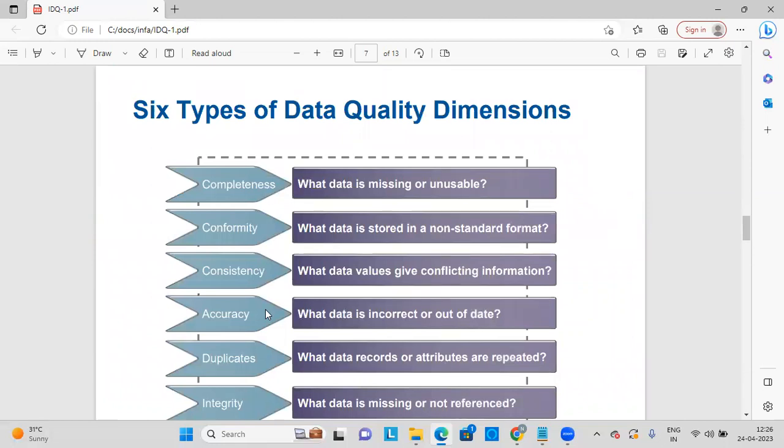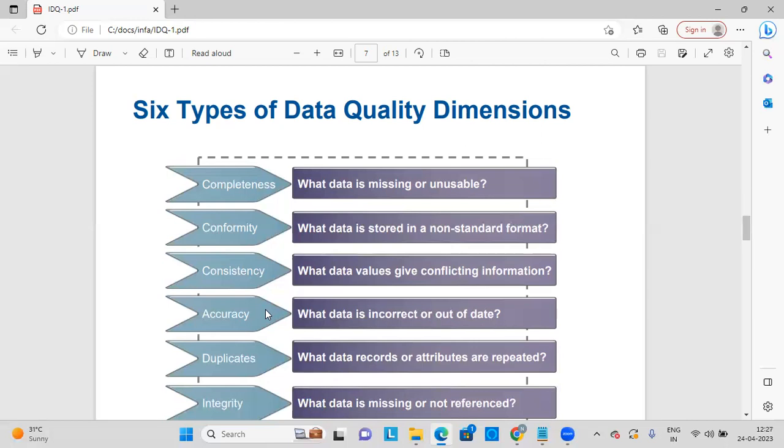So I said these things will be discussed later. Now the time has come to understand data quality dimensional measures. Remember, these things we should never forget, because without this, there's no quality solution.